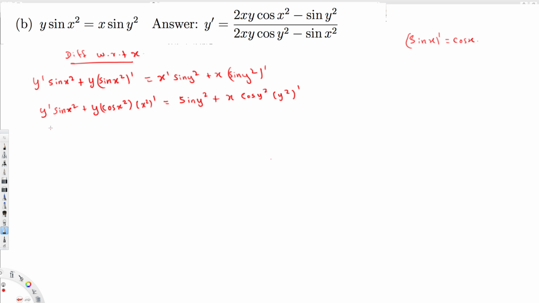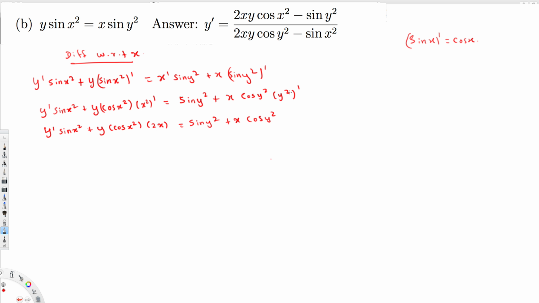Then if I solve for this one, let's simplify more: y prime sine x square plus y cos x square, and the derivative of x square is going to be 2x, then sine y square plus x cos y square, and the derivative of y square is going to be 2y y prime.